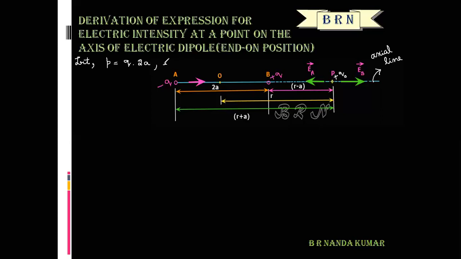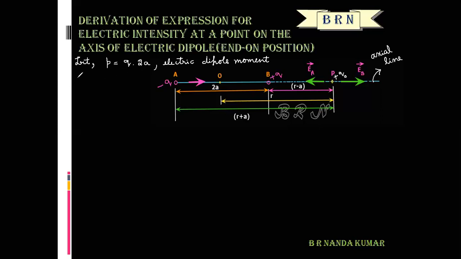This is the electric dipole moment. What is the meaning of electric dipole moment? Electric dipole moment means the product of the magnitude of one of the charges and the dipole length.